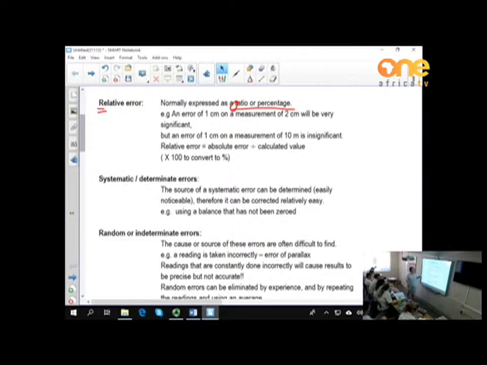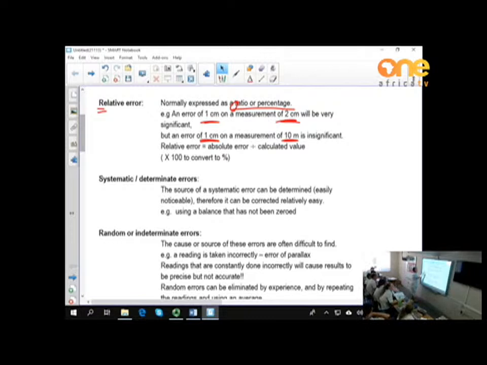That is what they mean by a relative error. An error of 1 centimeter on a measurement of 2 centimeters will be very significant. It's a 50% error. But an error of 1 centimeter on a measurement of maybe 10 meters is fairly insignificant. You follow me?